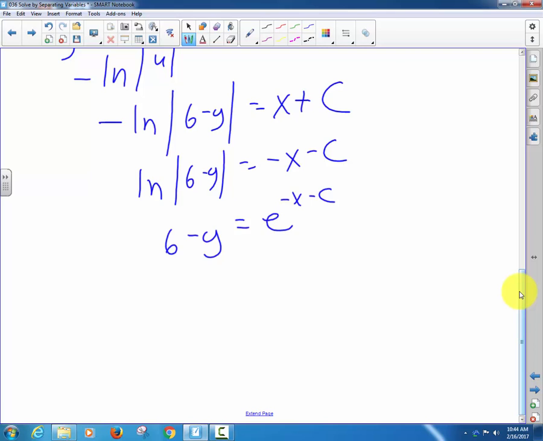Now let's see if we can get y by itself. So we've got negative y equals e to the negative x minus c, minus 6. Well, let's get rid of that negative sign in front of y. So we get y equals negative e to the negative x minus c, plus 6. That's better.